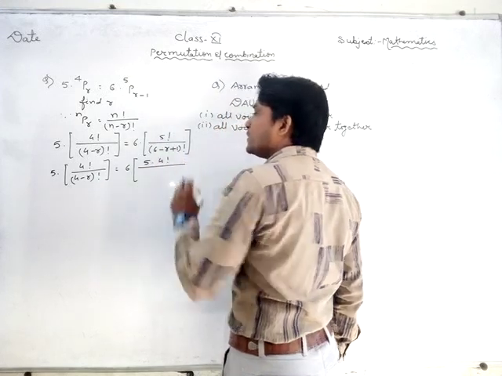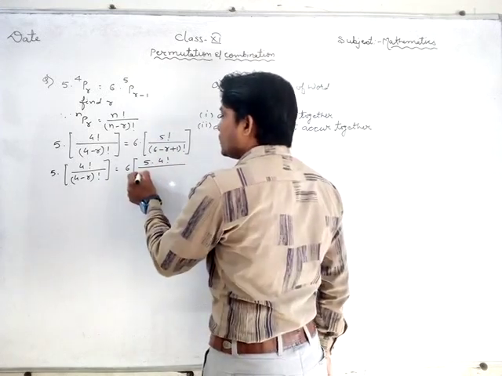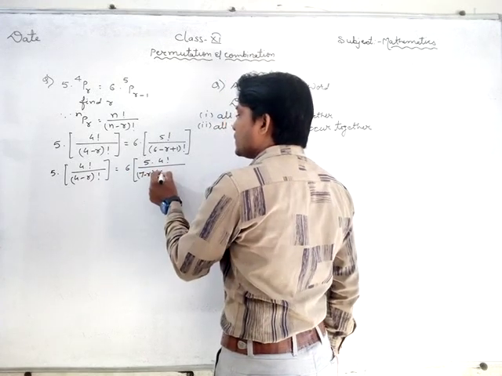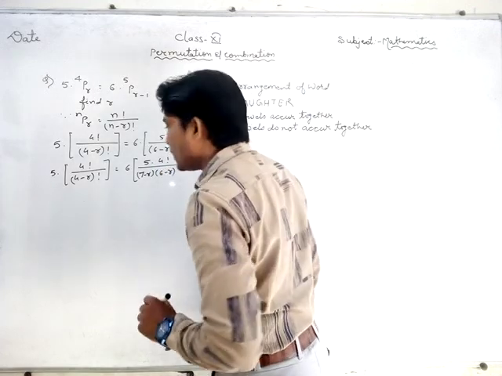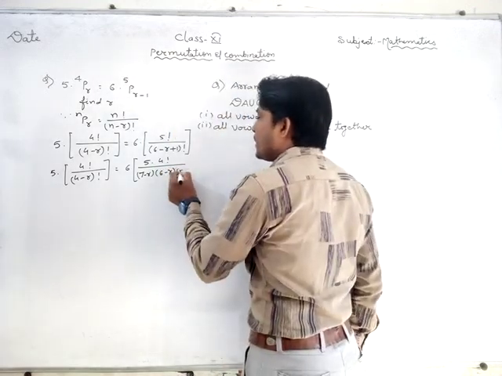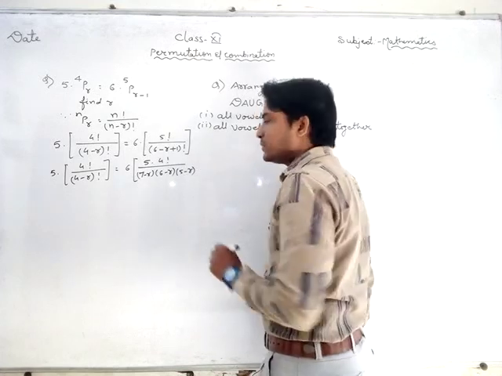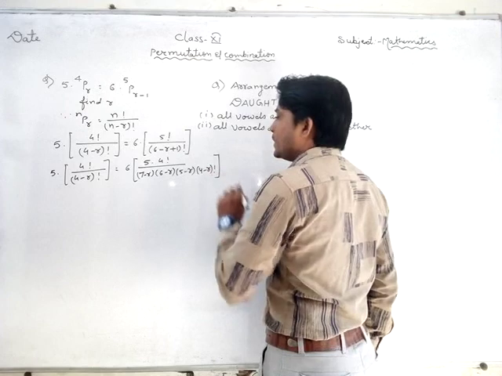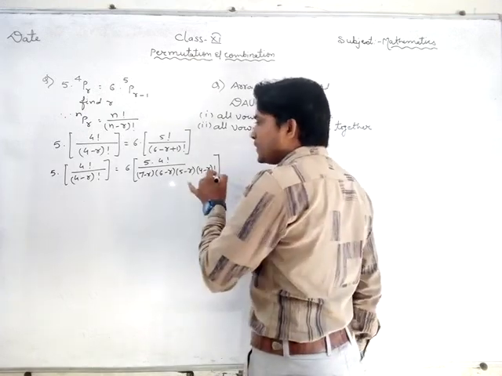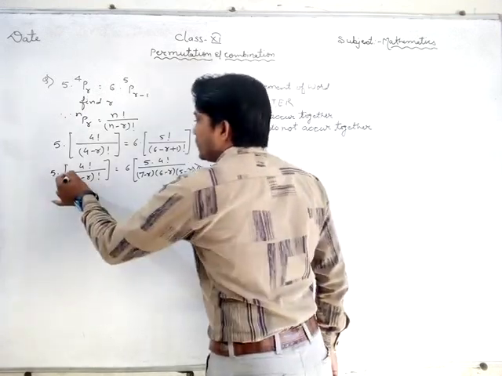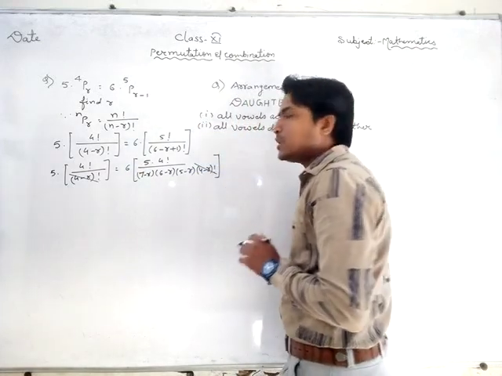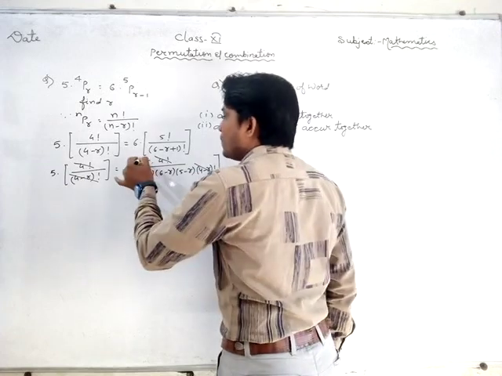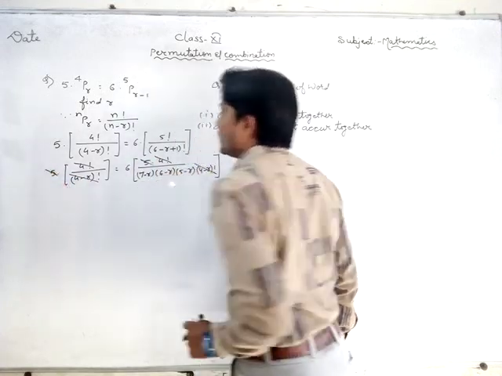Here 6 plus 1 is 7, so (7 minus r) factorial, then (6 minus r), then (5 minus r), and then (4 minus r) factorial. The (4 minus r) factorial cancels out, 4 factorial also cancels out, and 5 and 5 also cancel out.